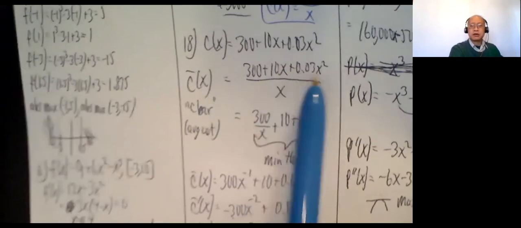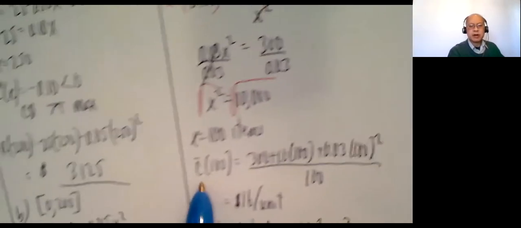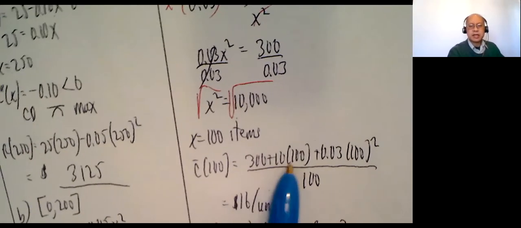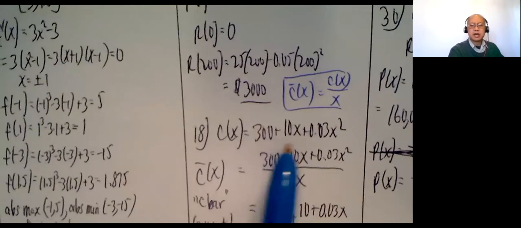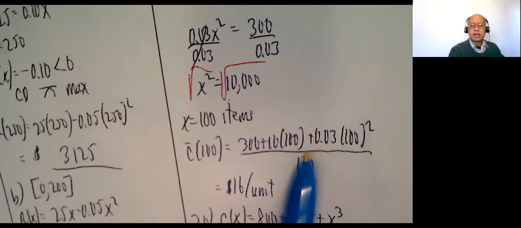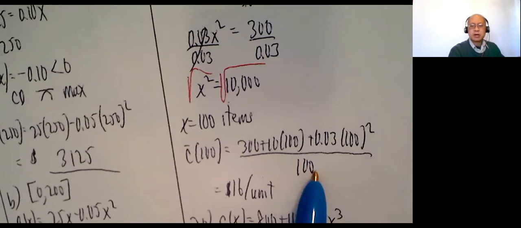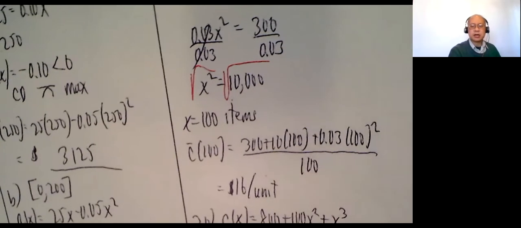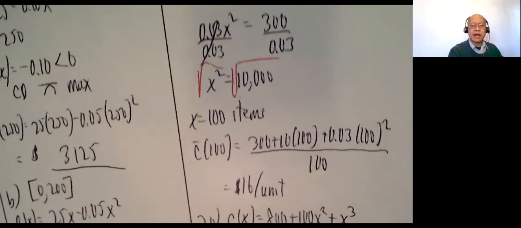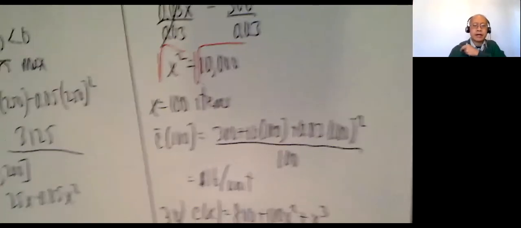So plug in here and here and here. C bar of 100: 300 plus 10 times 100, 10x, plus 0.03 times 100 squared, divided by 100. Okay. Punch that out, comes out to be $16 per unit. So that's the minimum average cost that I can have.